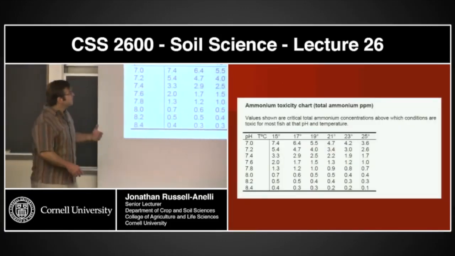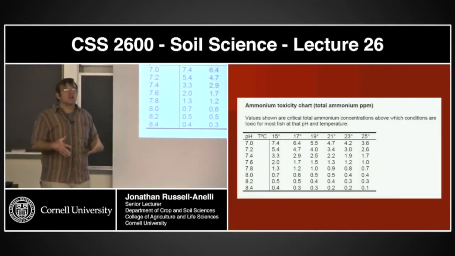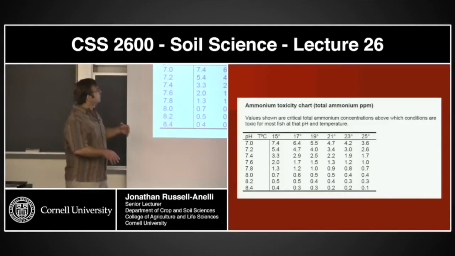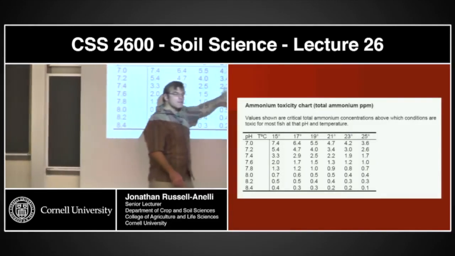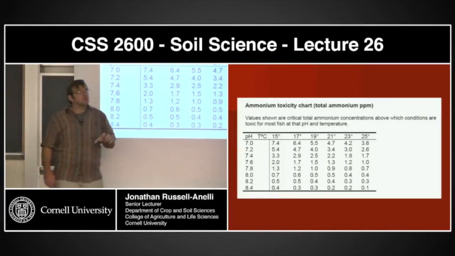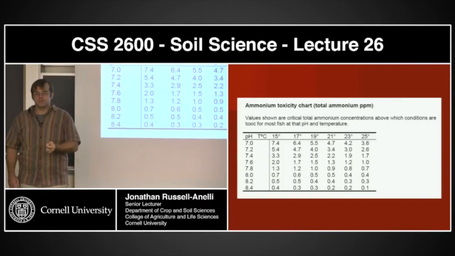Toxicity. This is a concentration. This is actually ammonium that's in water, and this is a fish toxicity response. What we're looking at here is pH, and we're looking at temperatures. These numbers basically represent the concentration at which the water becomes toxic to the fish.